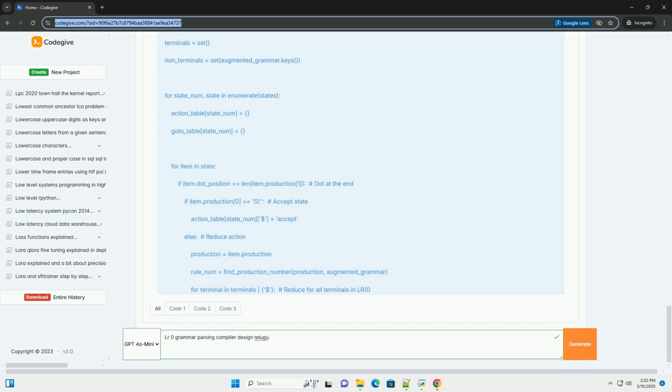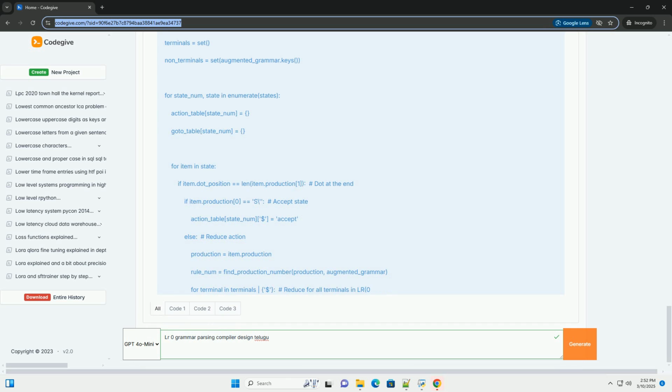Like a cheat sheet that tells you what to do in each situation. find_production_number(production, grammar): this function helps locate where the grammar rule number is and is used for reduce actions in the parser. parse_input(input_string, action_table, goto_table, grammar, states) function: this is the main parsing loop. It reads the input code, uses the action and goto tables to decide what to do, and ultimately either accepts the input, if it's grammatically correct, or reports an error.